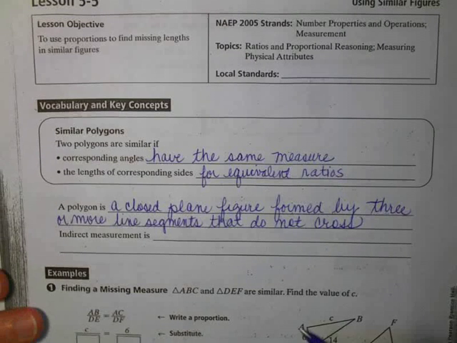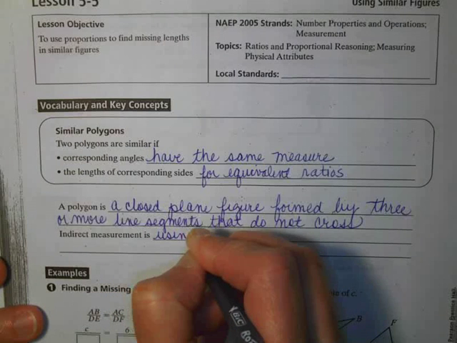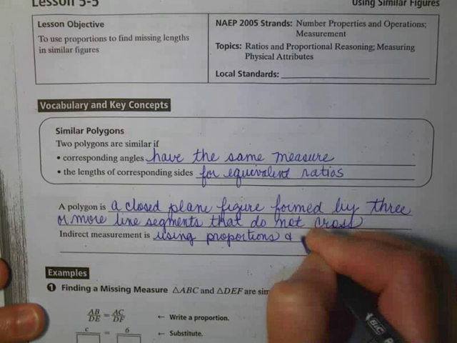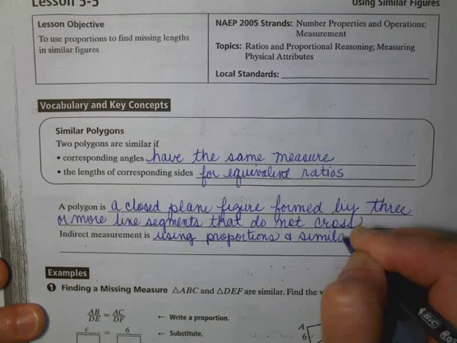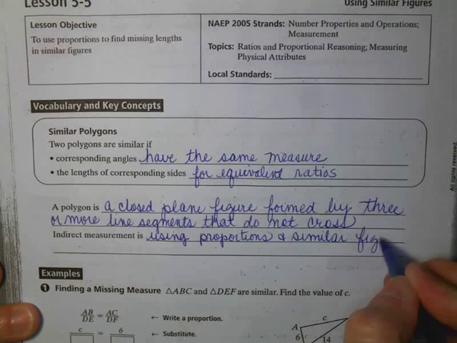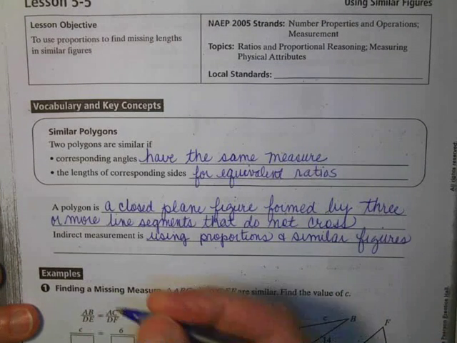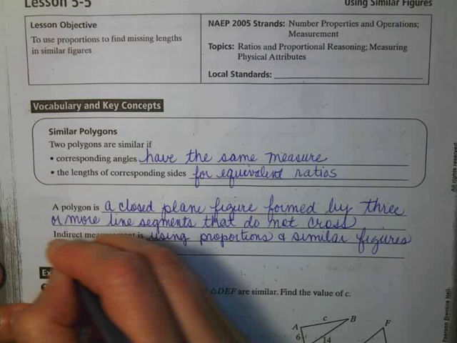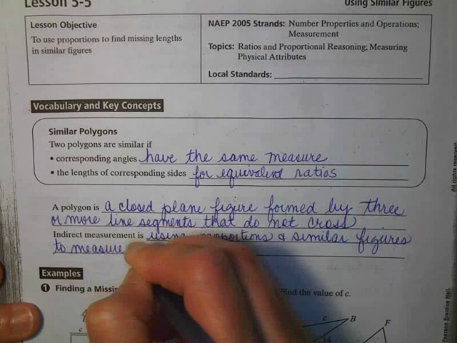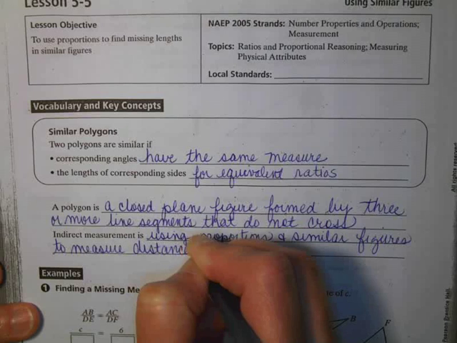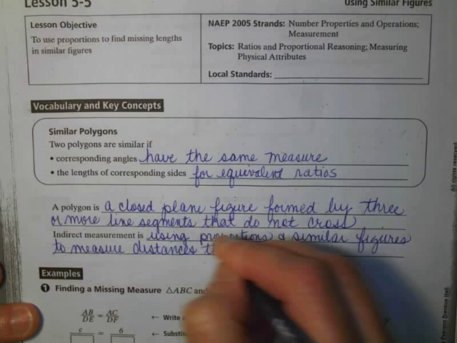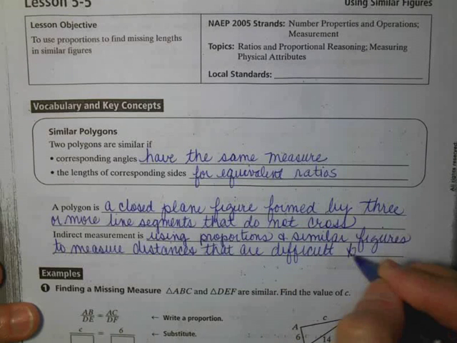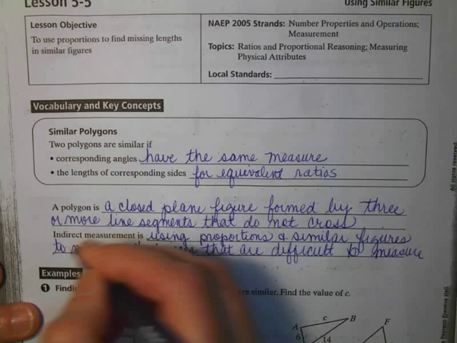And indirect measurements is basically using proportions and similar figures to measure distances that are difficult to measure directly.